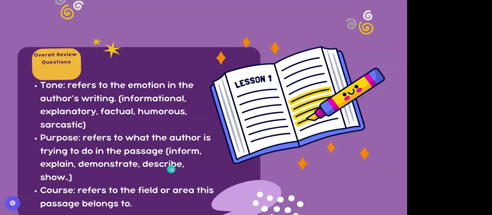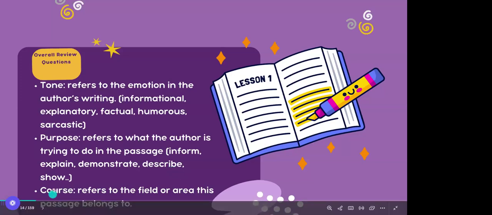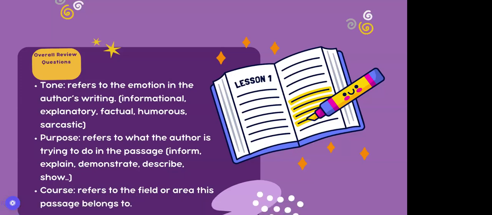Is he describing something? Is he showing how to do certain things? And finally, course refers to which area or field and class of a university this passage could belong to.